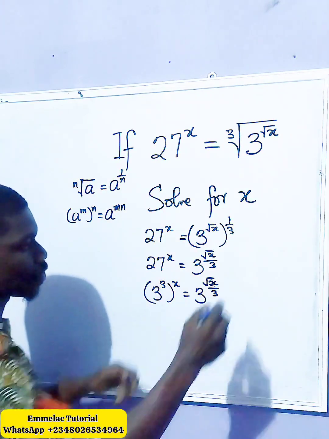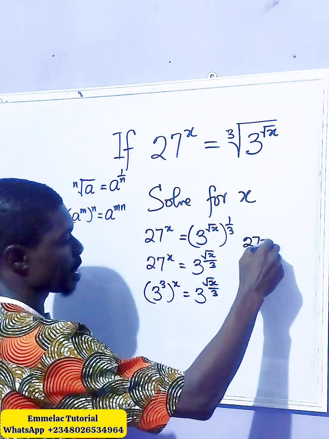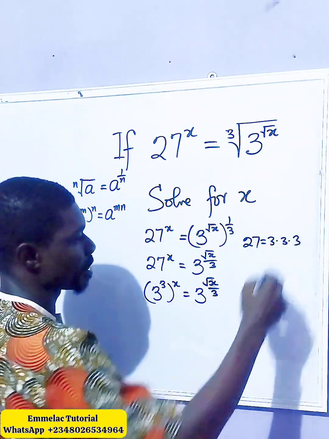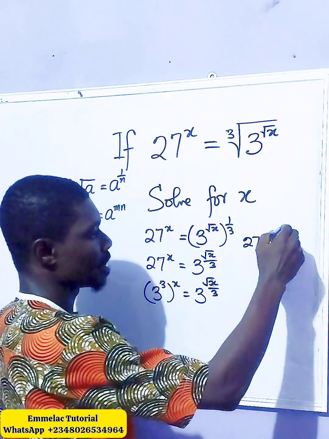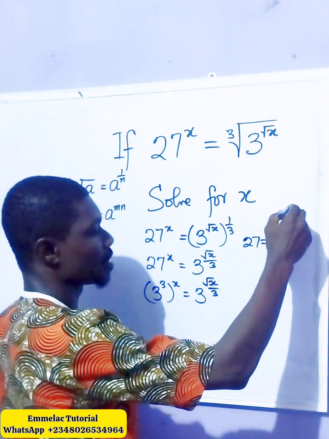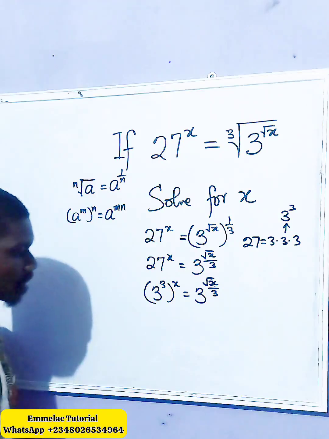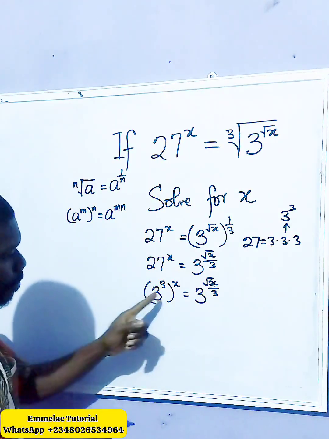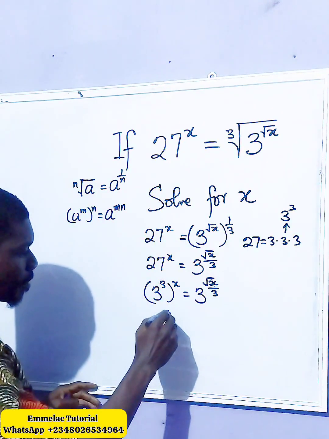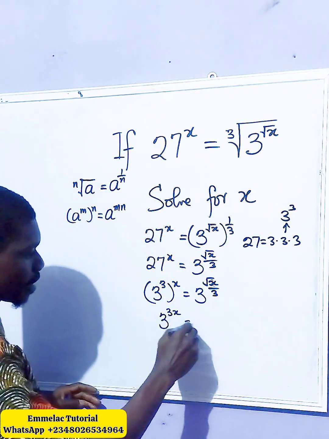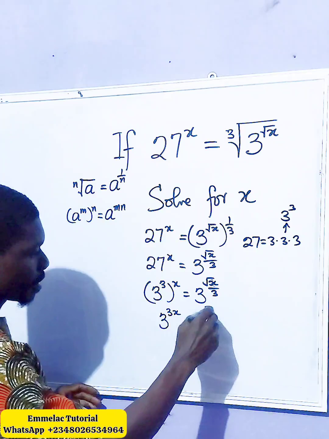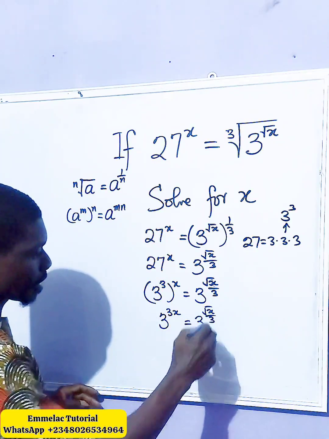That's because 27 is 3 times 3 times 3, which is 3 raised to the power of 3. Applying the same rule again, we have 3 raised to the power of 3x equals 3 raised to the power of the square root of x all over 3.